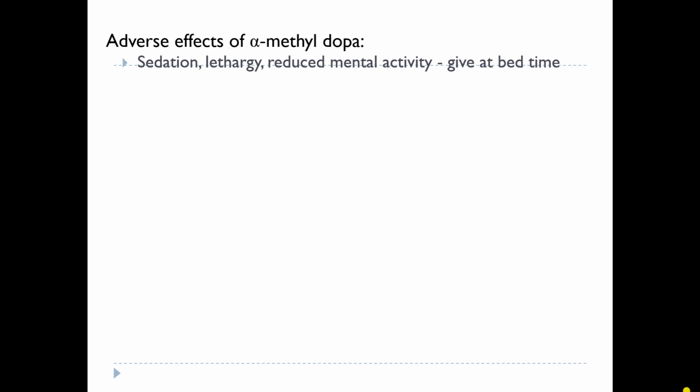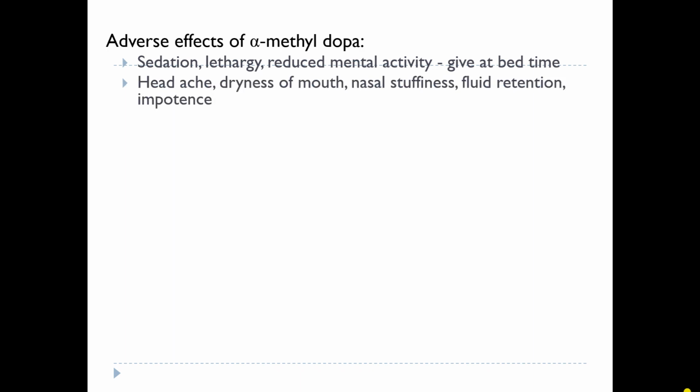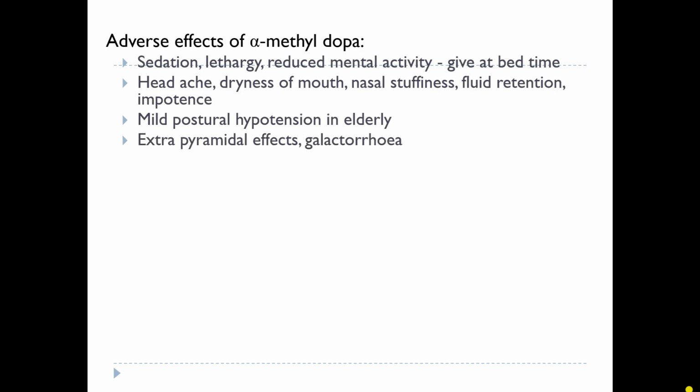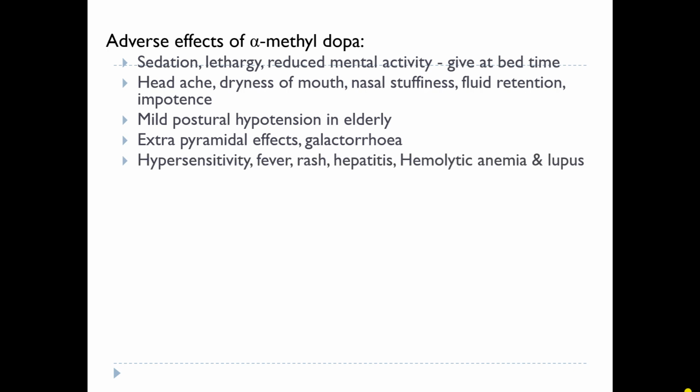That is why it is given at bedtime. It produces headache, dryness of mouth, nasal stuffiness, fluid retention and impotence. Mild postural hypotension is seen in elderly individuals. It produces extrapyramidal side effects and galactorrhea, hypersensitivity reaction, fever, rash, hepatitis, hemolytic anemia and lupus-like reaction is also seen with alpha methyl dopa.